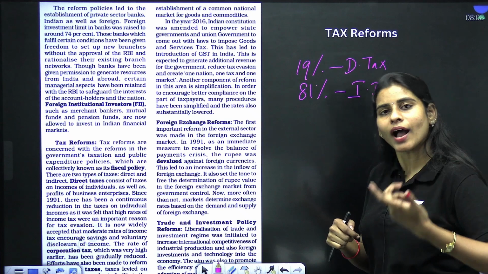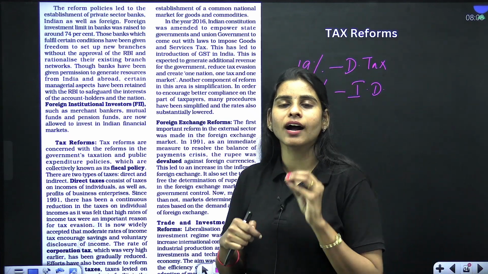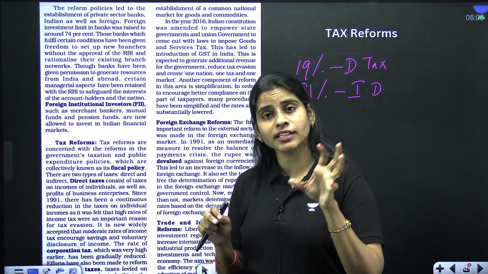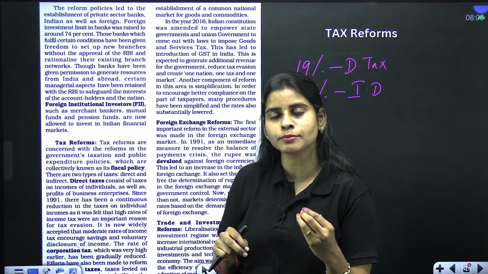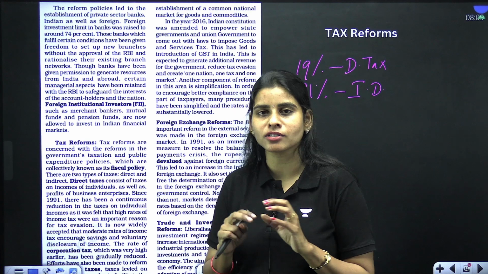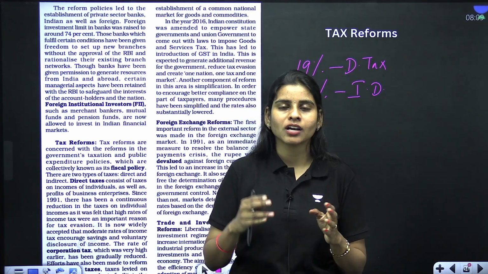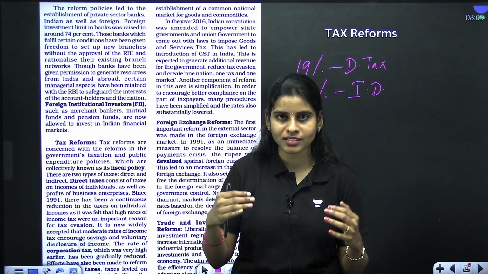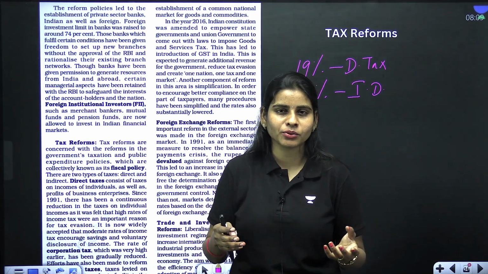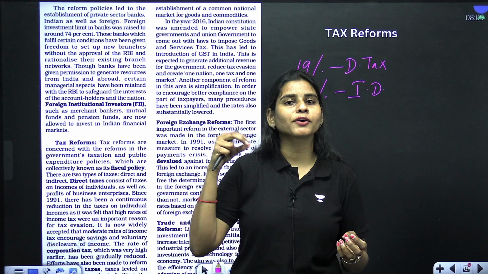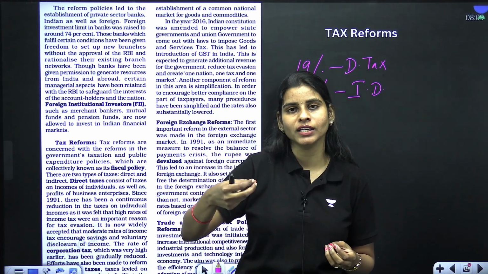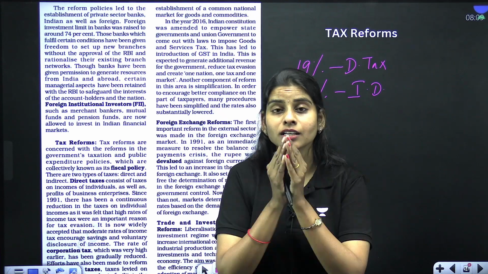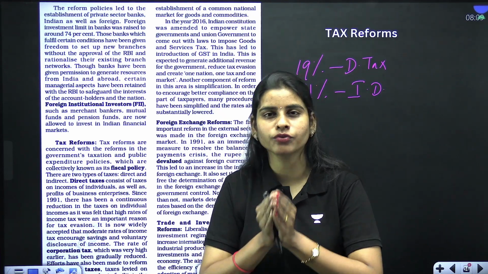And to add to this, India also had very high rates of taxation. For certain categories, the tax slabs were as high as 90%. But then imagine, will people be paying taxes if we have such high tax rates? Obviously not, right? Because of the loopholes and the higher tax rates that we had, the government was not able to generate a sufficient amount of revenue from the tax sources.